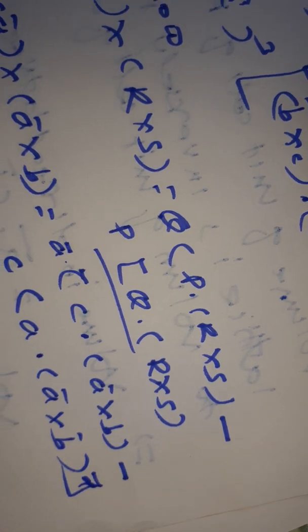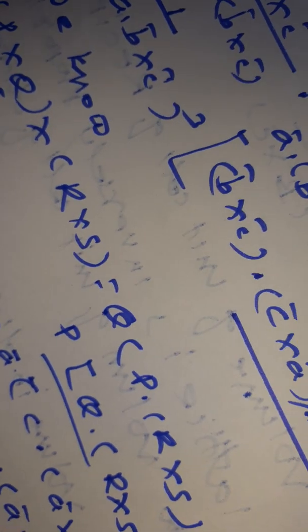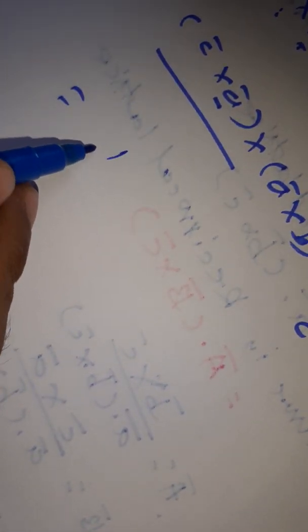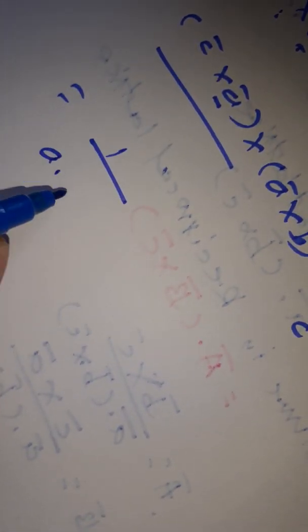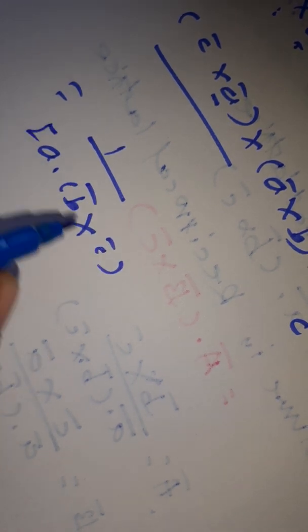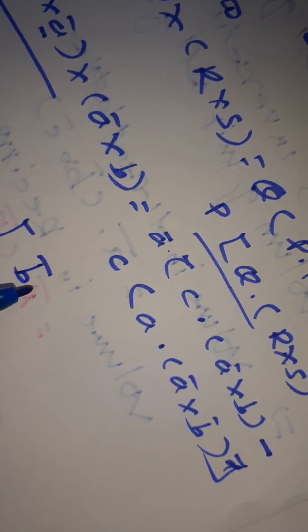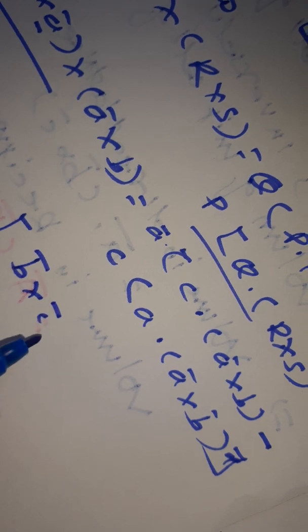So we got this. If you put these values in this equation, we get the volume of the unit cell in a reciprocal lattice is equal to 1 upon A bar dot B bar cross C bar, whole cube, in bracket B bar cross C bar retains same.